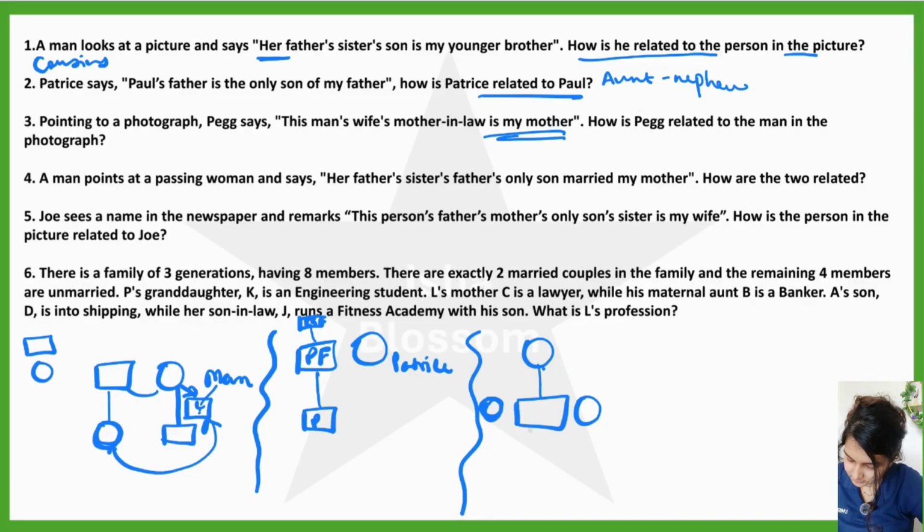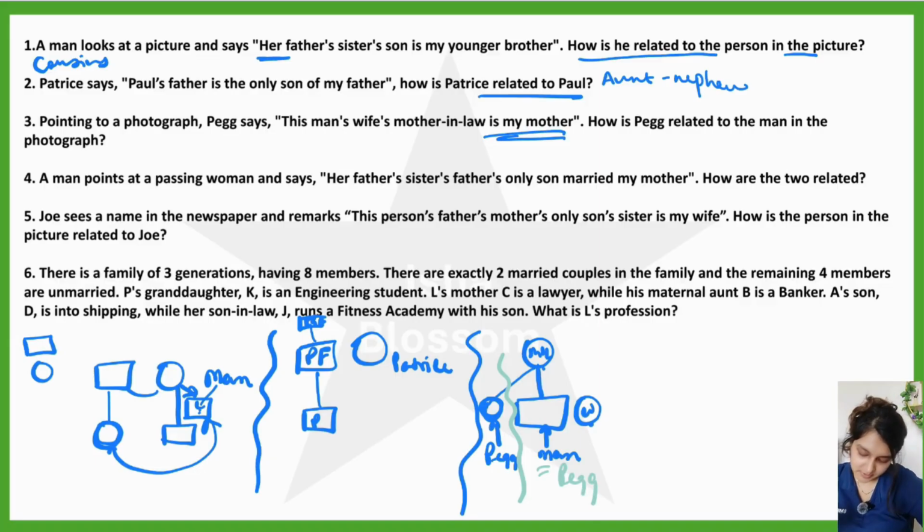So either this could be Peg, this could be the man. This is the man's wife's mother-in-law, which is his mom. This is one way, or the other way could be that this man is Peg.